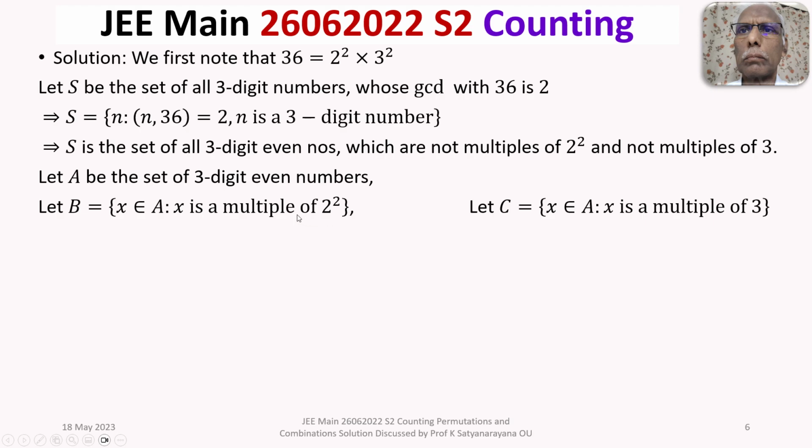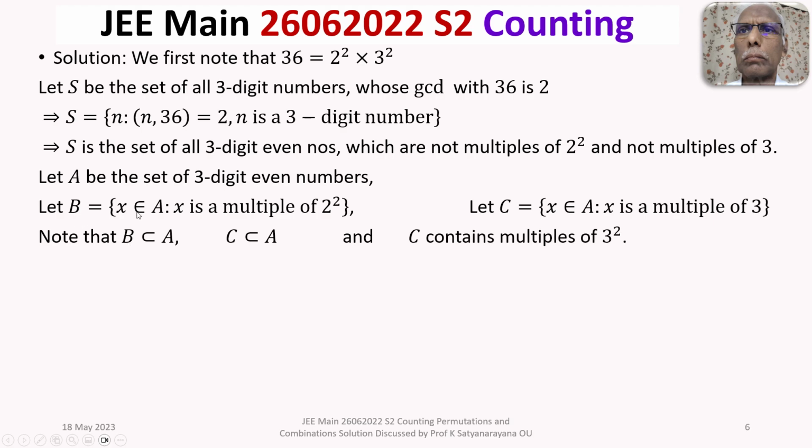So the multiples of 2 square among three-digit even numbers will be in B. Let C be the set of all x belonging to A such that x is a multiple of 3. Therefore, it consists of all those three-digit even numbers which are multiples of 3.